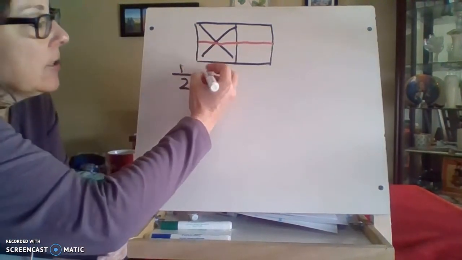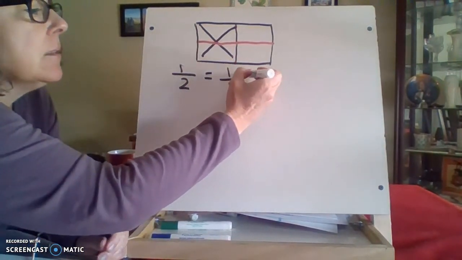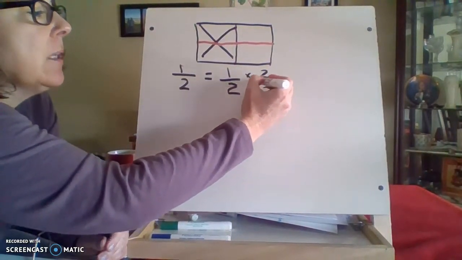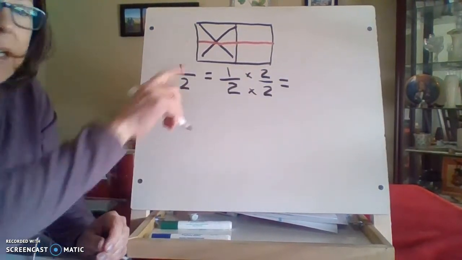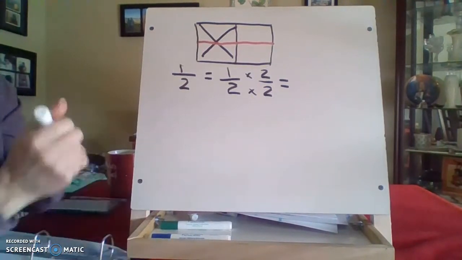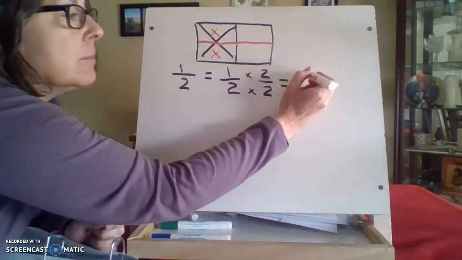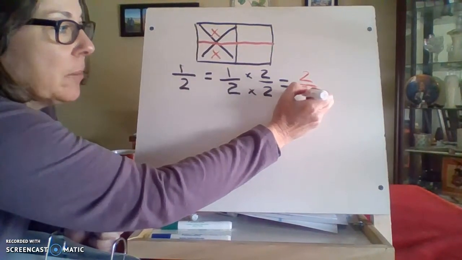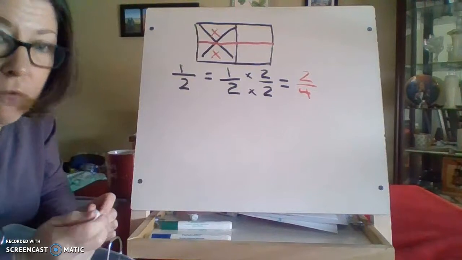I took my half and I made the pieces 2 times smaller. And now with my smaller pieces, I have 2 smaller pieces out of 4 smaller pieces. So 1/2 is the same as having 2/4.